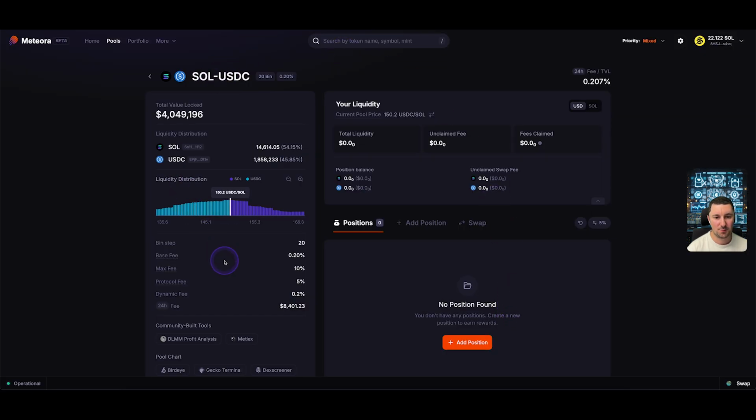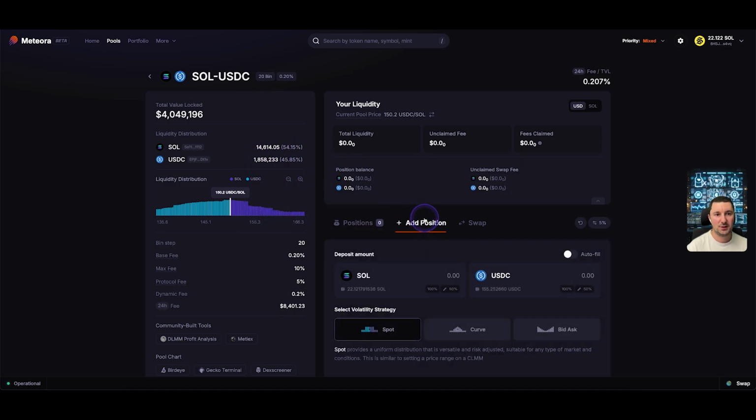Let's go into the pool, and this is a 20 bin step pool. You see how many fees it earned in the last 24 hours. In the last 24 hours, this pool generated around $8,000 in fees, and these dollars will be distributed among all the liquidity providers.